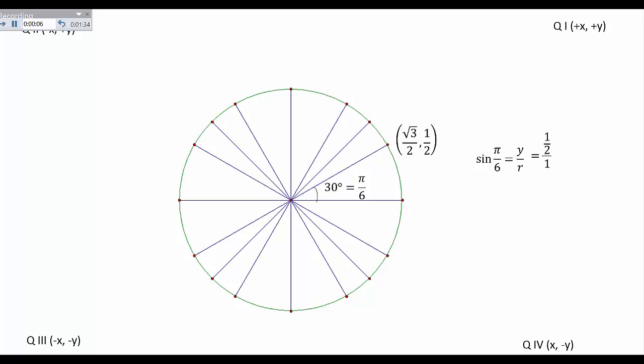The y value is 1/2, and because we're working with the unit circle, r is 1. So we simply get sine is 1/2, which happens to be the second coordinate of the point on our unit circle. So the first coordinate will always be the cosine value of that angle, and the second coordinate will always be the sine value of that angle.